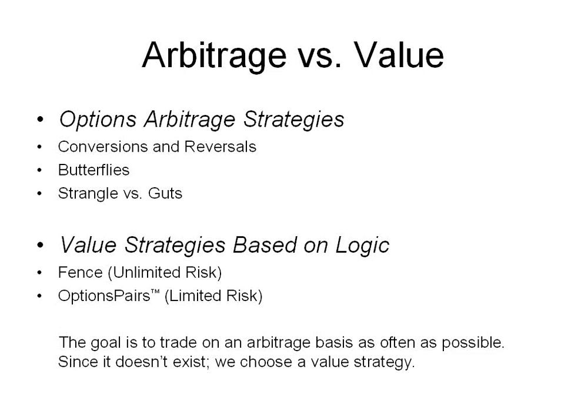And if it meets our bias already, we can use that as an advantage to match with our position ideas. Option pairs is a limited risk options position. So we can say we're going to risk a certain amount of money to make a certain amount of profit and take advantage of the fact that the market gives us an implied volatility advantage.